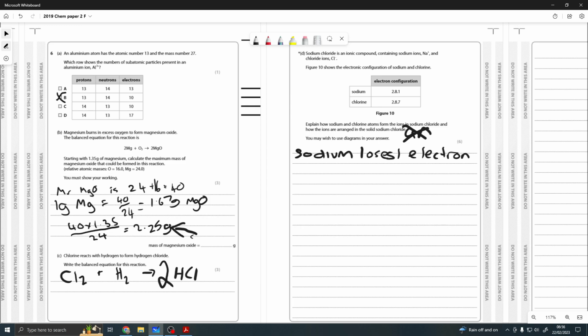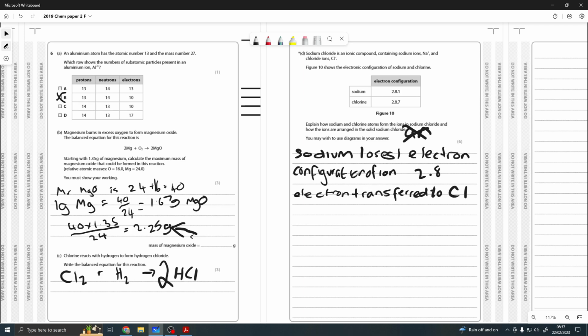That means the configuration of the ion is 2.8. So it's lost 1 electron. Now, that electron is transferred to chlorine.